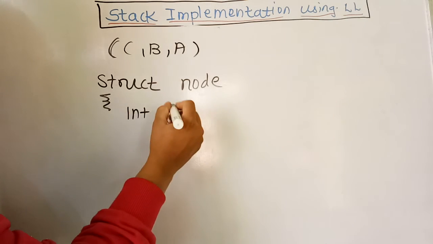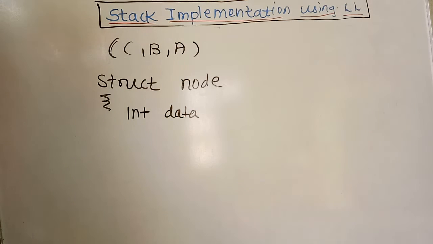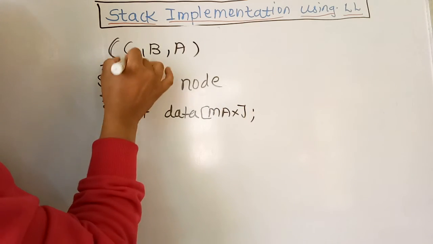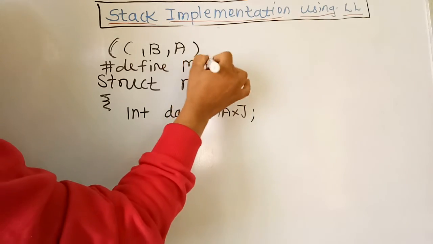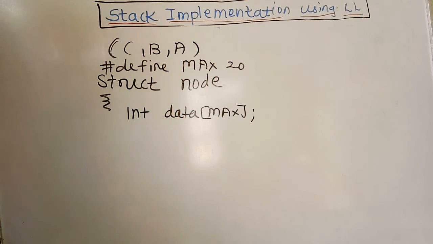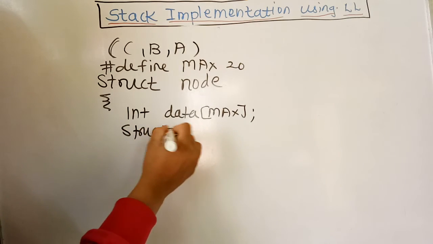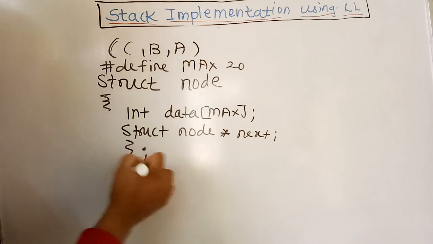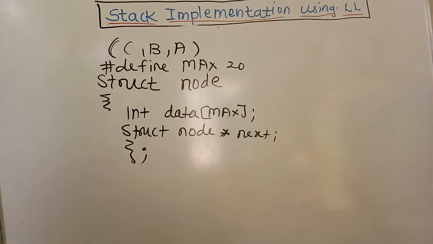So integer type data of size max. For this max we can define #define MAX, for example 20. You can specify your own values here. Then there will be struct node *next; and a closing brace and semicolon. So this is the same node structure as the linked list, but you have to use it in terms of a stack mechanism.